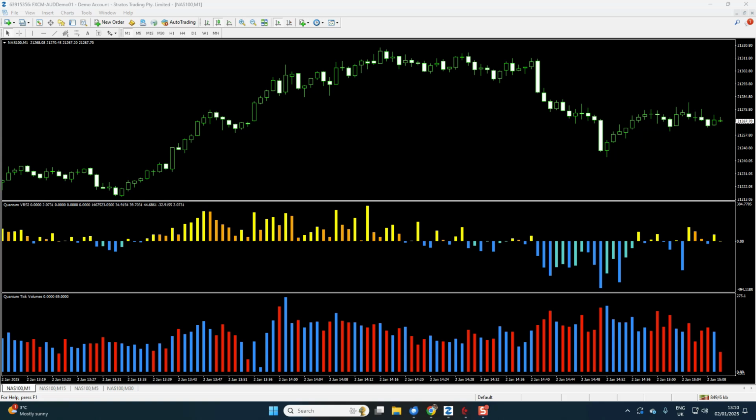And that is also denoted by our relative strength indicator, which is telling us the same thing. It's colored yellow. The volume bars there are rising also. So the two are confirming, if you like, that what we're seeing is exactly what we want to see, a strong trend developing with good volume and good relative volume as well.